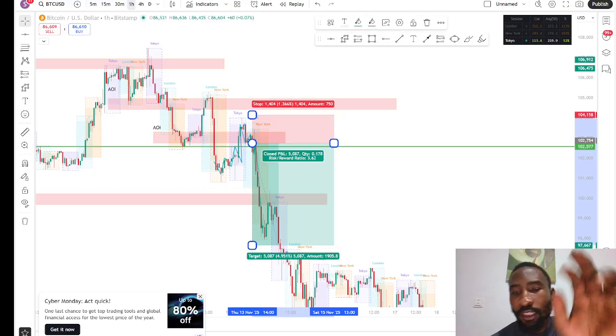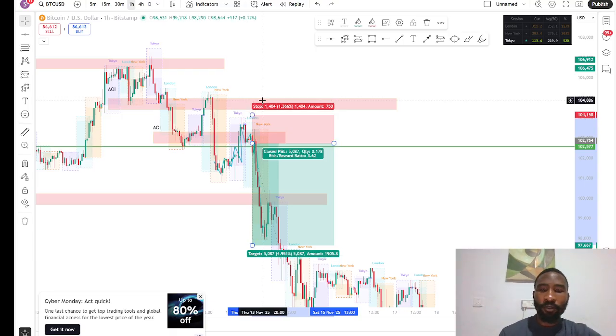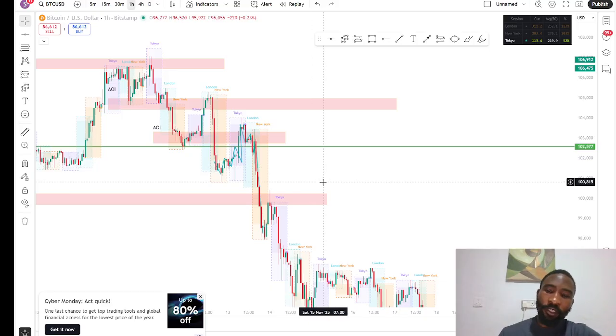So you know that anything that makes the market break is not going to be valid anymore. That way you have a tight stop loss and you have a big TP.